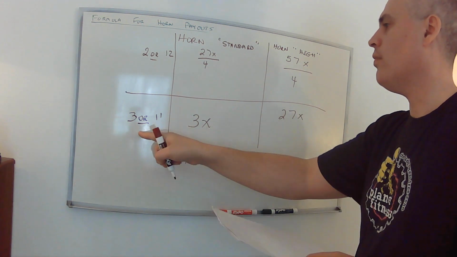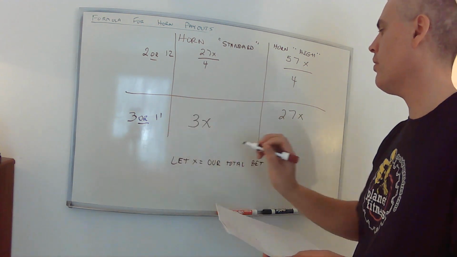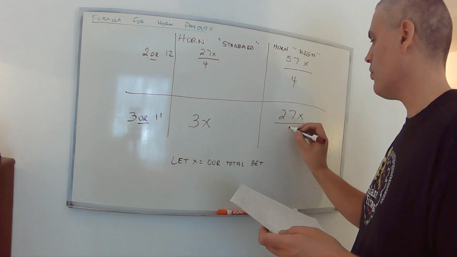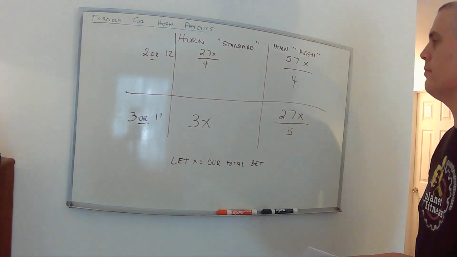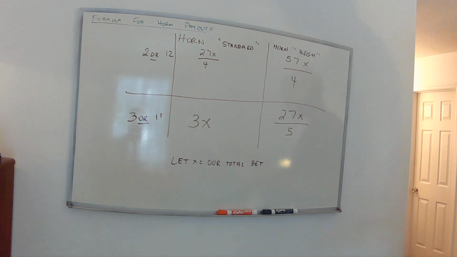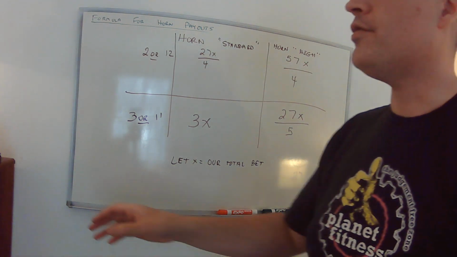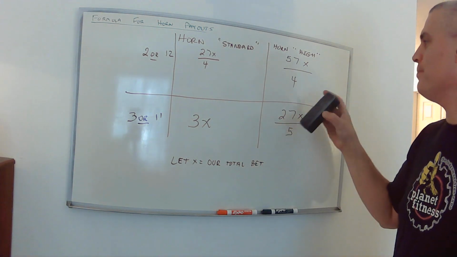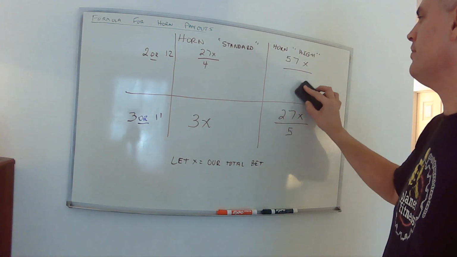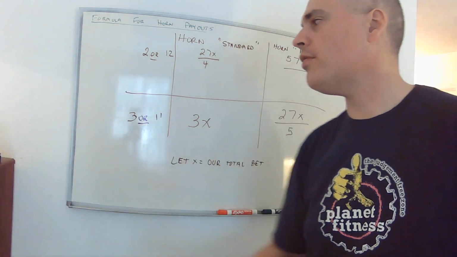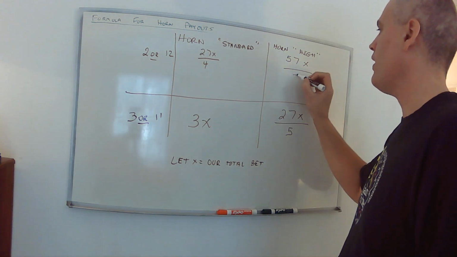And the horn high 2 or 12, horn high 3 or 11 is 27x over 5. And I'm sorry, that's wrong. You should be able to spot the error here. This is not a 4. This is a horn high, so this is a 5.